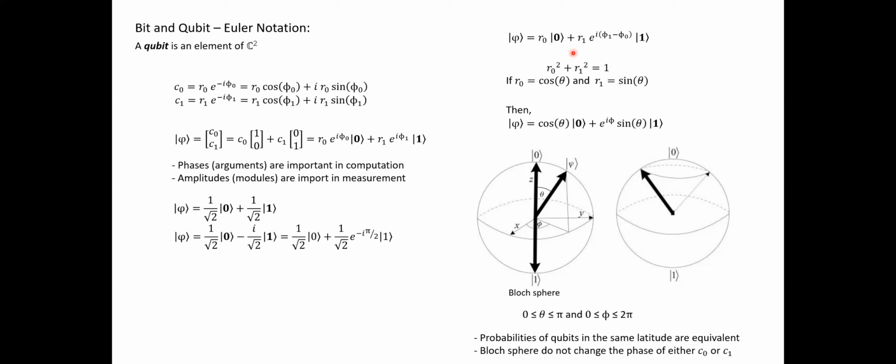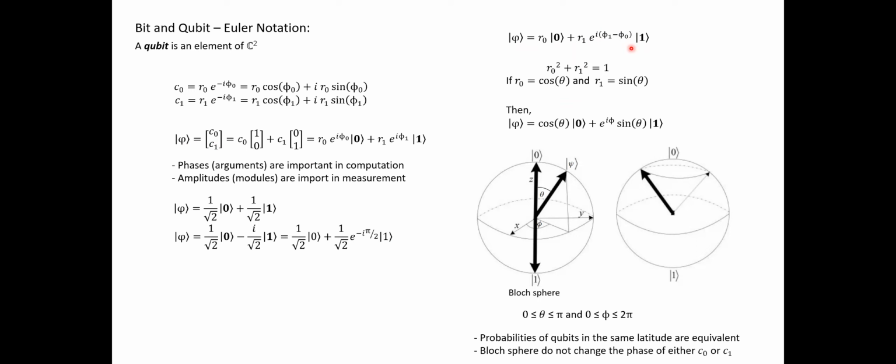So if we start doing a transformation to that state, and we divide the state by e to the i phi0, we're going to get this. Divided by a complex number of modulus 1, it doesn't change the modulus of the qubit, so we can say this definition is equivalent.